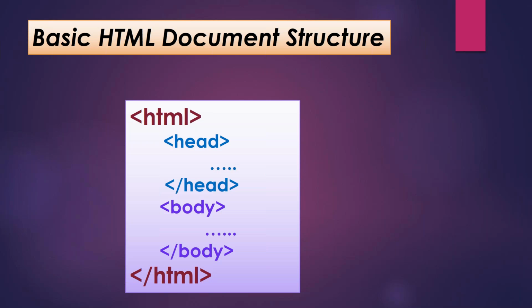A tag is something written within angular braces. We have an opening tag, written within the angular braces, and the closing tag, which is written with a slash symbol before the name of the tag. For any basic HTML document, the first tag we ever write is the HTML tag.